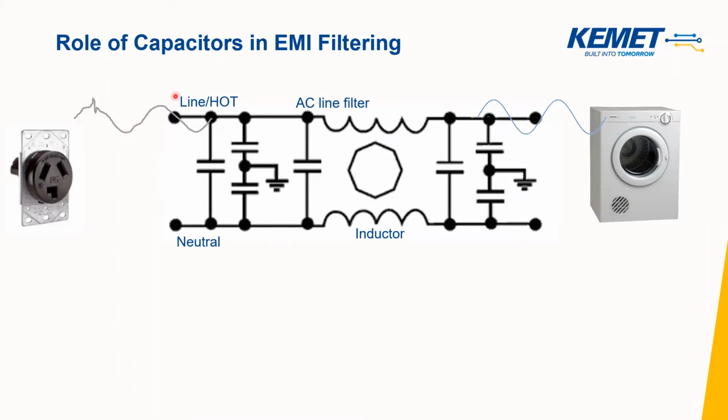But what happens when you have high frequency transients? What happens when you have high voltage transients, which are also high frequency, and such transients could even be a little dangerous for your devices.